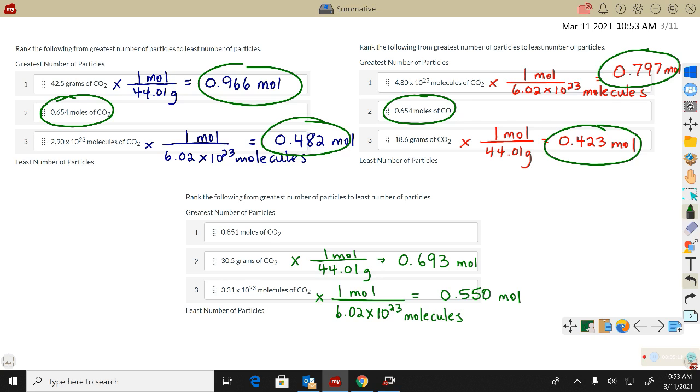And then the last one was a little bit more than half, which again makes sense because 3 times 10 to the 23rd should be about half a mole, and I've got a little more than half. So these then all rank from greatest particles to least particles. Getting them in the same unit was the key. And I think moles is maybe the easiest.